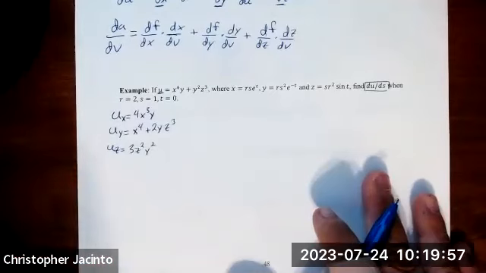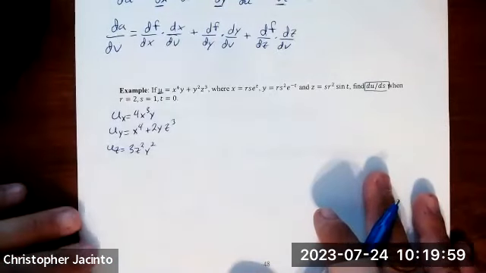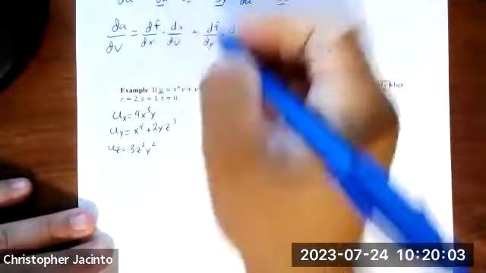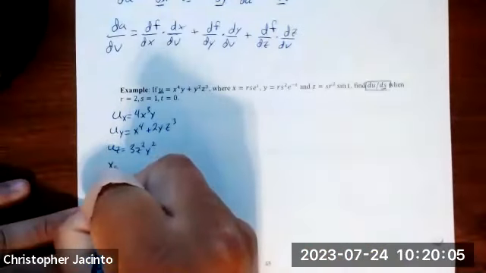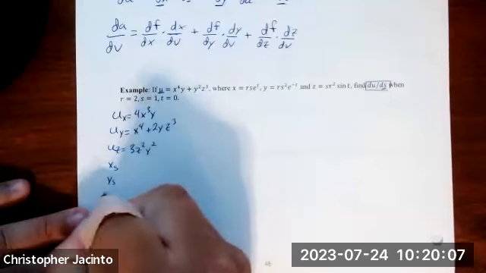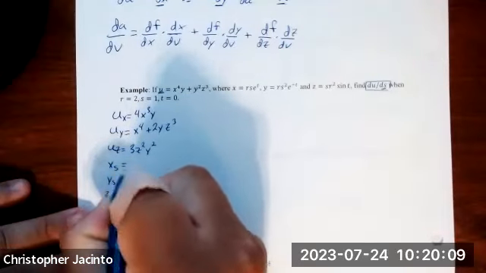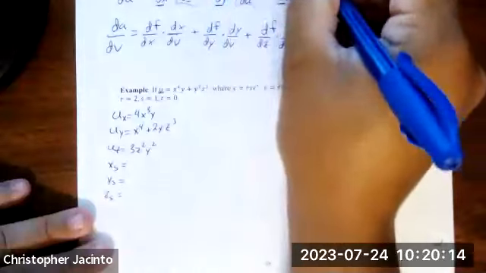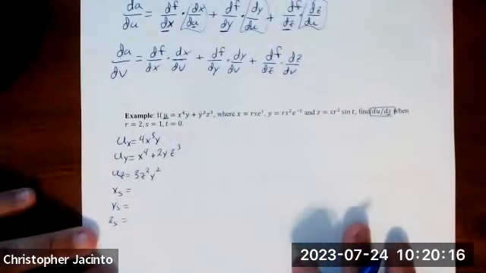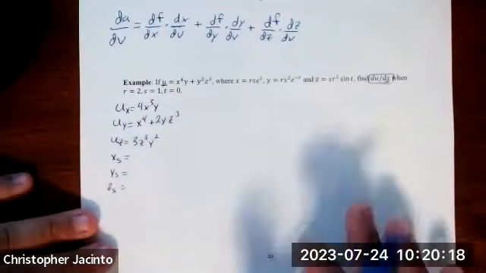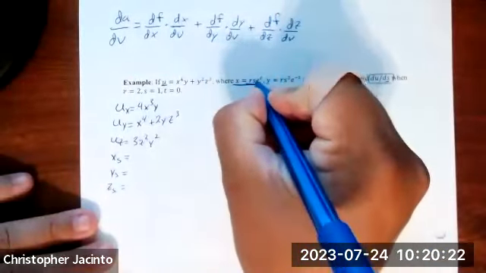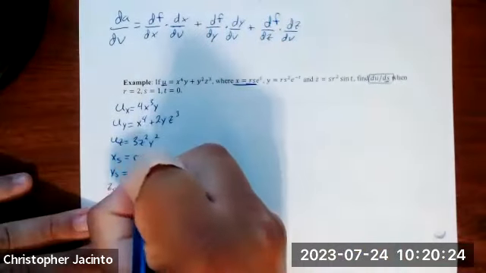Okay. Now we can do x, y, and z with respect to s only because we want s, right? That dictates what we want here. So x of s, y of s, and z of s. Derivative with respect to s only. So it's just going to be r e to the t.